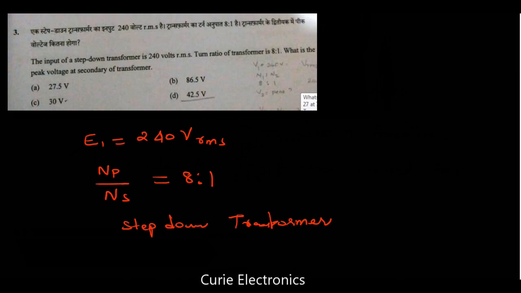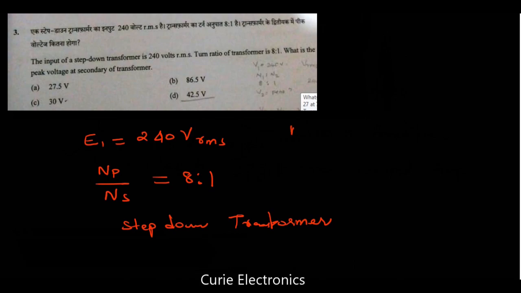Turns ratio, NP upon N secondary, is 8:1. And he told step down transformer. So what do we have to find? We have to find the peak voltage at the secondary.